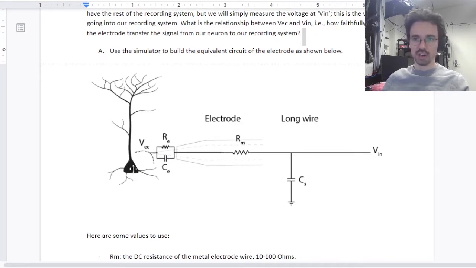The fact that the neuron itself also might not be able to provide an arbitrary amount of current is also true. In any way, we then have the electrode itself that provides some type of resistance, and then we have a long wire. The wire also acts as a capacitor, as you talked about. So there's a couple things happening here that affect our ability to translate the voltage that is present at the tip of the electrode to our measurement.